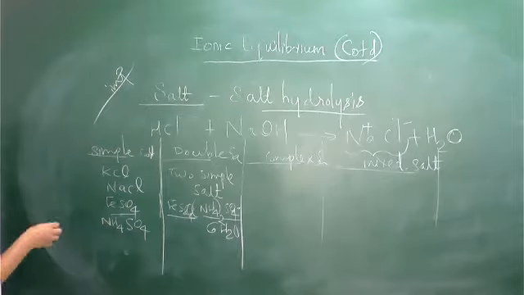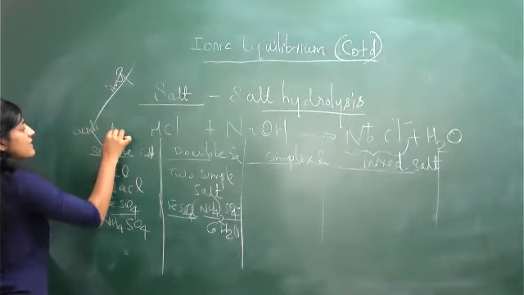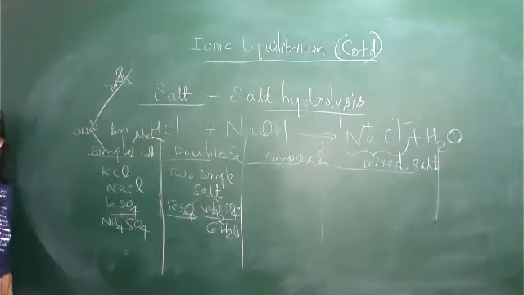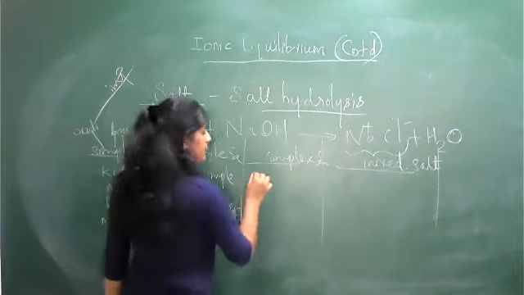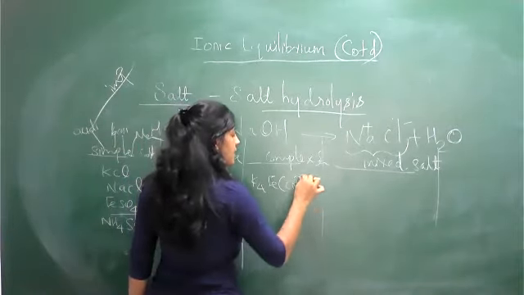Simple salt is again classified into acidic, basic and neutral forms. Anyway, this is a double salt. Complex salt you will study in coordination chemistry, like coordination complexes. Suppose K4[Fe(CN)6].